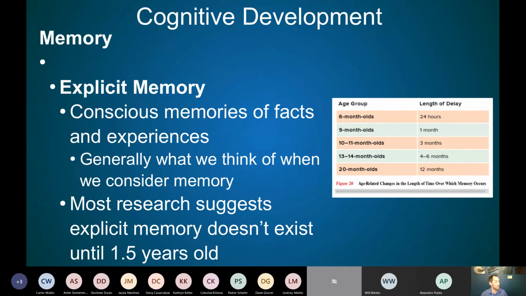So with that, most research does suggest that you can't really think back and remember things earlier than 1.5 years old, and it is really rare to remember things earlier than 4 years old. So if you have memories of the time when you were 2, that's pretty neat. Not as common. My first memories are somewhere between 4 and 5.